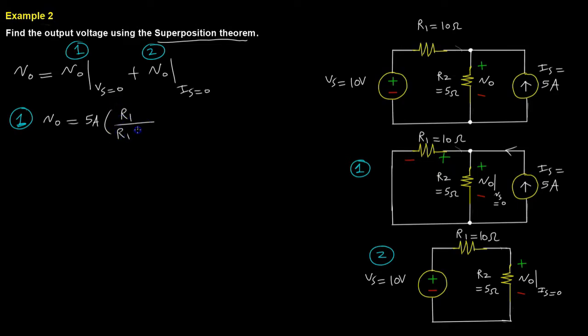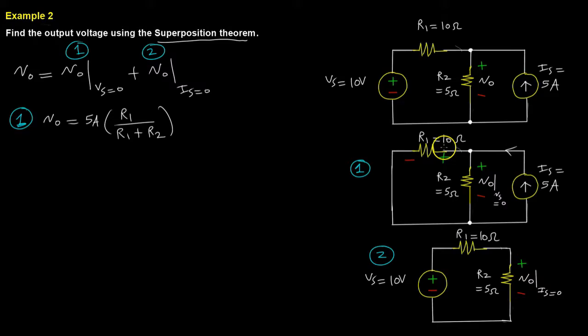So what does that mean? If you think about this intuitively, we're asking how much voltage develops across R2. Well, that depends on how large R1 is. If R1 is very large, most of the current flows through R2, because, thinking about it simplistically at this level, current follows the path of least resistance.